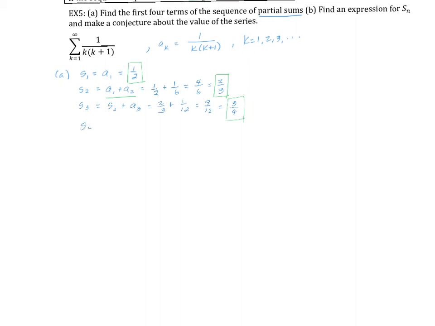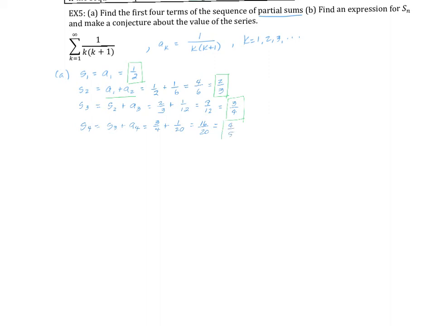S sub 4 is going to be S sub 3 plus A sub 4, which is 3/4. If k is equal to 4, 4 times 5 is 20, so plus 1 over 20. I get 16 over 20, which reduces to 4/5.